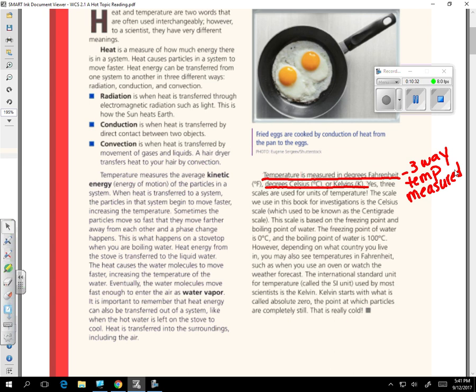The other really important thing to underline is the part where it says the scale we use in this book for investigations is the Celsius scale. And in the margin, I need you to write used in class.